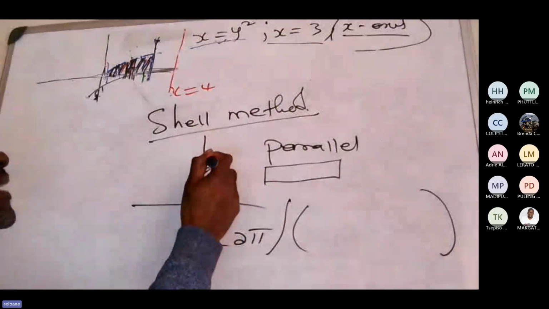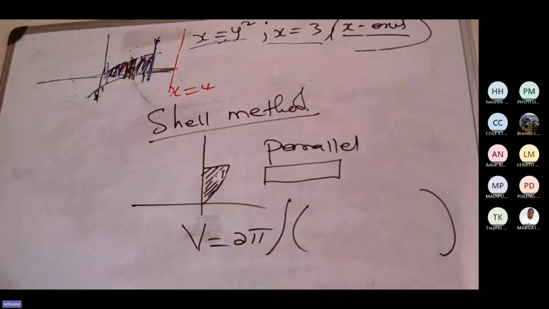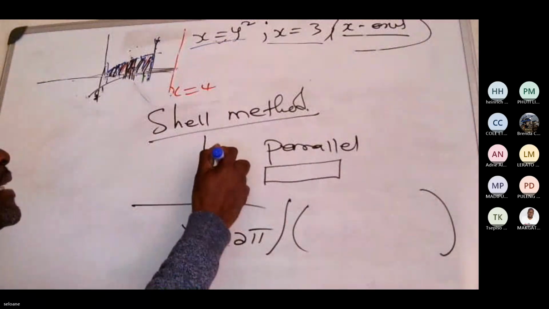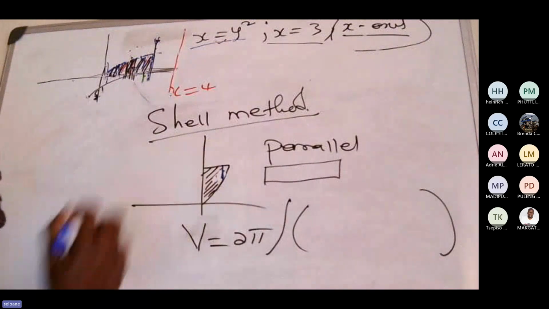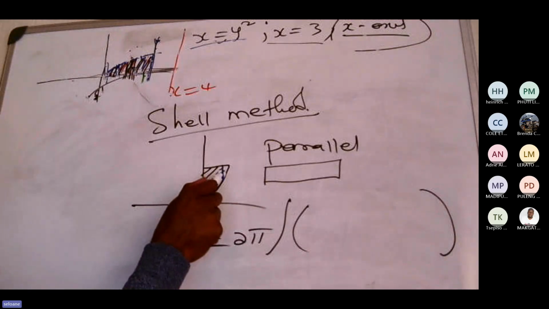Say I start here. I cut here, somewhere here. It doesn't matter where. Then it will now be the distance from here to here.